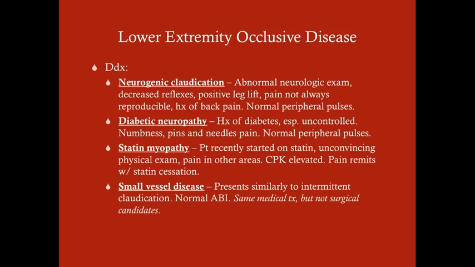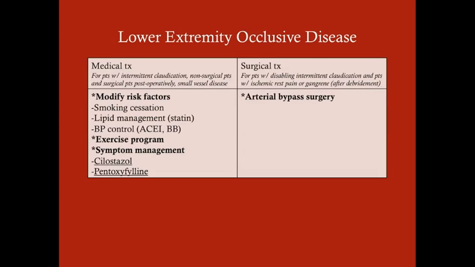And with small vessel disease, we're going to actually treat this the exact same way we treat intermittent claudication, but these patients can't get surgery because the disease is in their small vessels, not in the major vessels. So with lower extremity occlusive disease, this goes for all of the manifestations, so for claudication, for ischemic rest pain, and for gangrene.